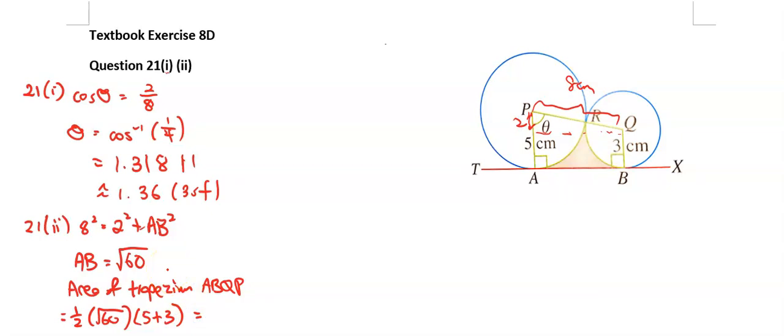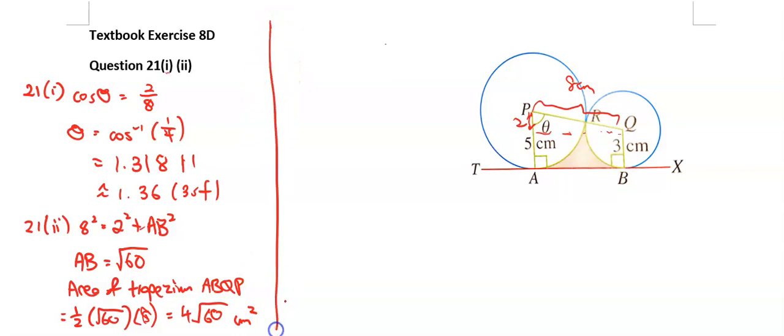Maybe we can leave it like this, because we can do a substitution later on. 5 plus 3 we can write as 8. If you want to simplify, 8 times half is 4, so 4 root 60 will be the area of our trapezium.